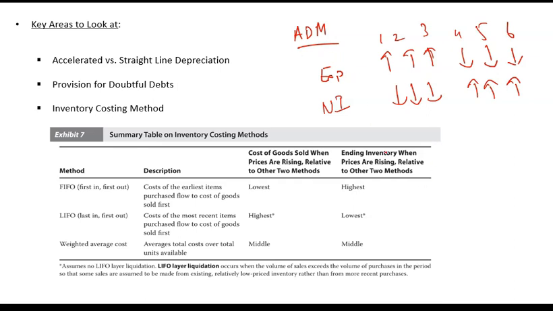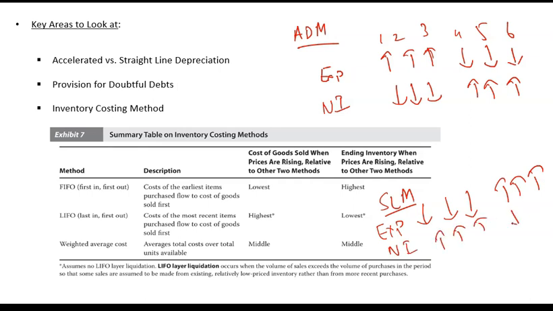This is the accelerated depreciation method. In the straight line method, expense remains the same and net income also remains the same. In comparison to accelerated depreciation, the straight line method will have lower expense in initial years and higher expense in later years, and net income will be higher in initial years and lower in later years.